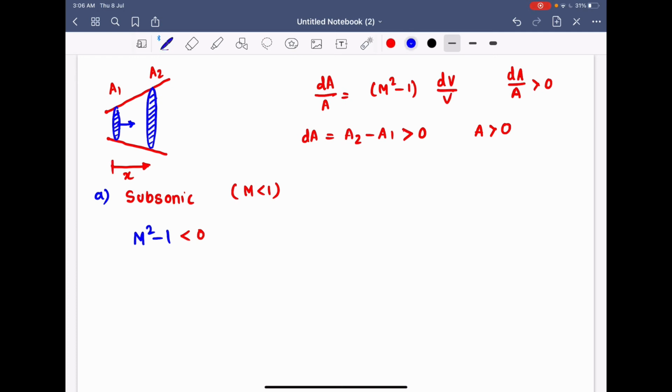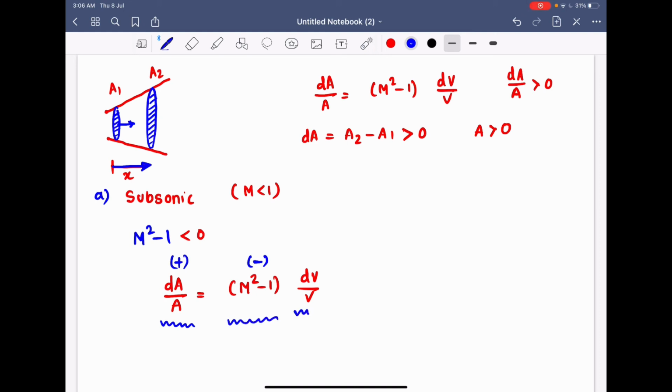Now write the equation: dA by A equals M square minus 1 times dV by V. Figure it out: dA by A is positive, and M square minus 1 is negative. So this side of the equation is positive, and this side has a negative sign.